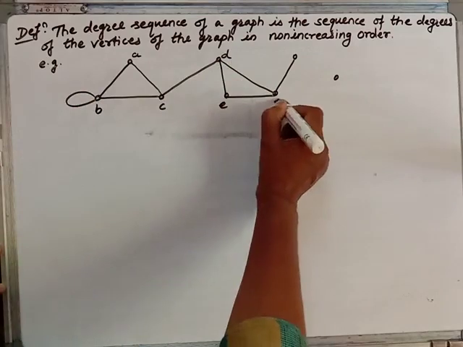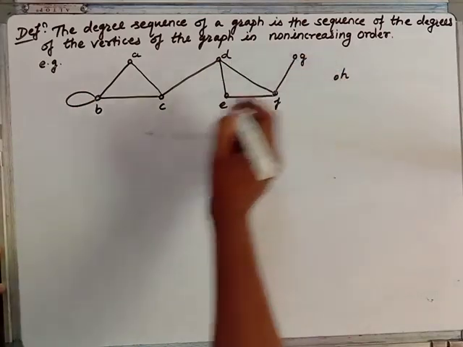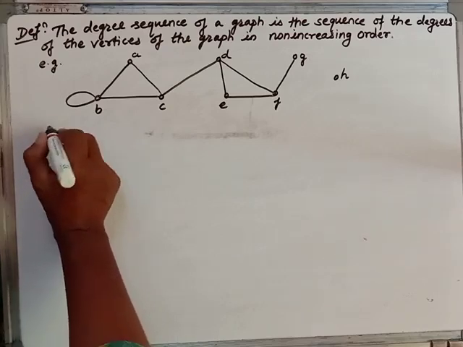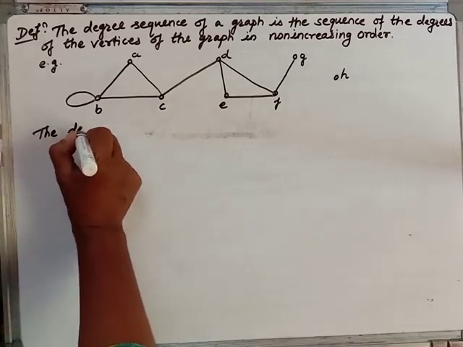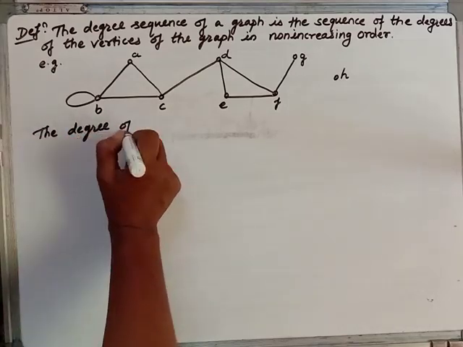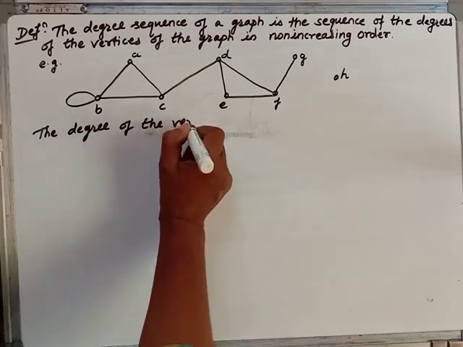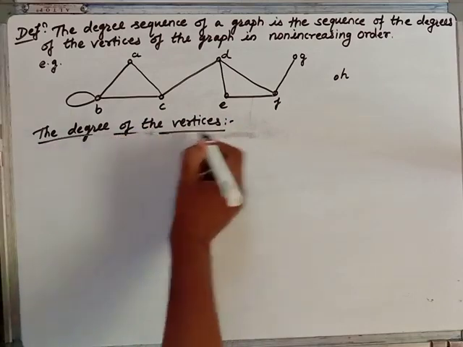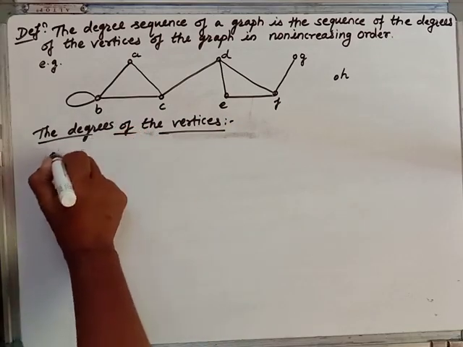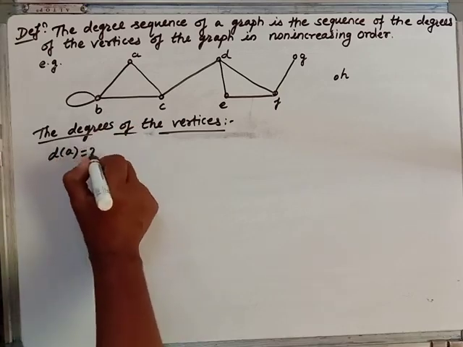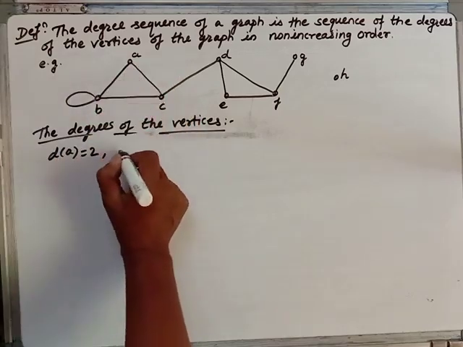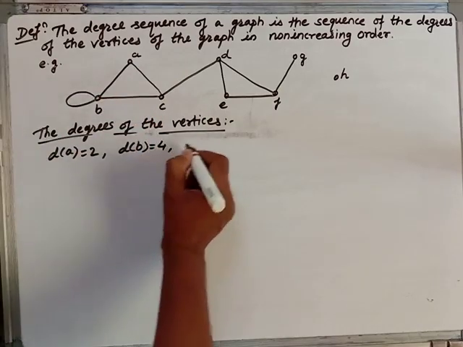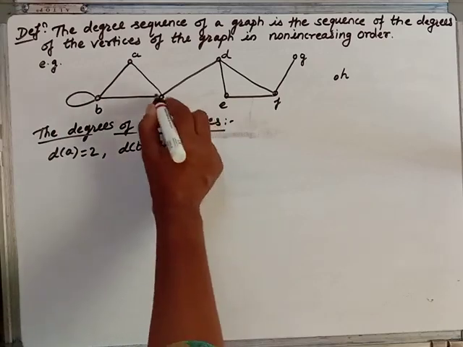D, E, F, G and H. First of all, we need to determine the degree of each and every vertex. Degree of A, look here, it is 2, 2 edges are there. Degree of B, this is 2 and loop 2, so 4. Degree of C is 3.